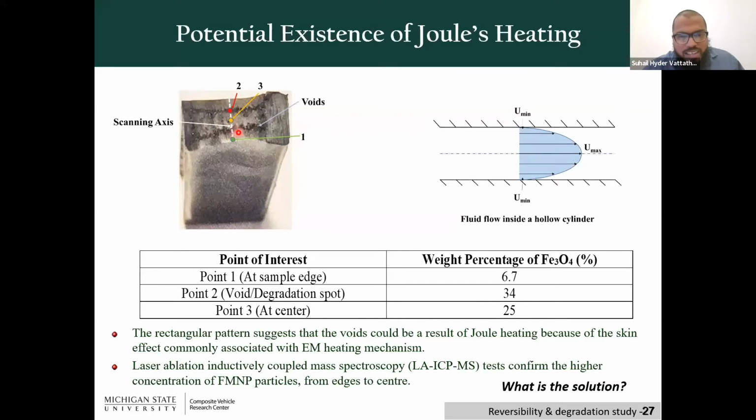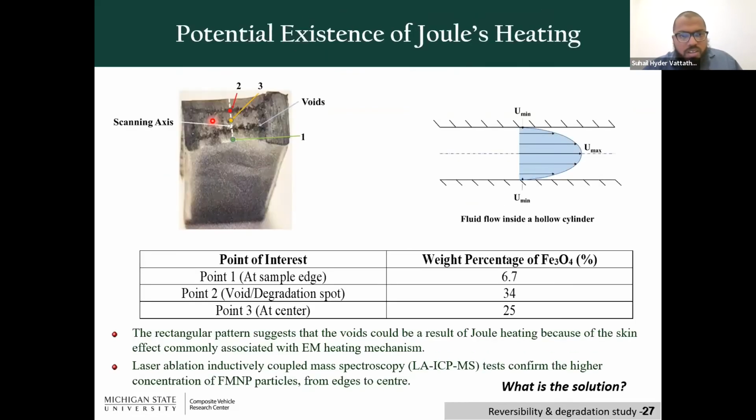We found that you have the maximum weight percent around this degradation pattern. You can see that at point 2, you have 34% ferromagnetic nanoparticles, and that is the reason you got the skin effect around that region. If you go beyond that, the weight percent of the nanoparticles is about 6.7, which is not sufficient to create the EM heating. So that's the reason you got the skin effect at this particular region.